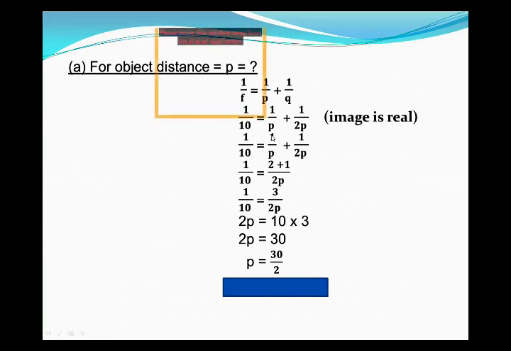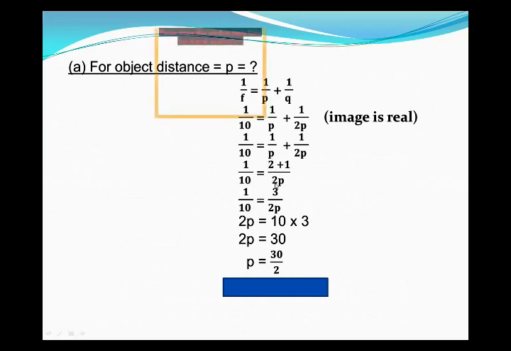The denominator of the first fraction is p, but the LCM is 2p, so it does not match. We have to equalize it, so p will be multiplied by 2. If we multiply p by 2, we must also multiply the numerator. The numerator is 1, so 2 ones are 2, and the denominator is 2p.